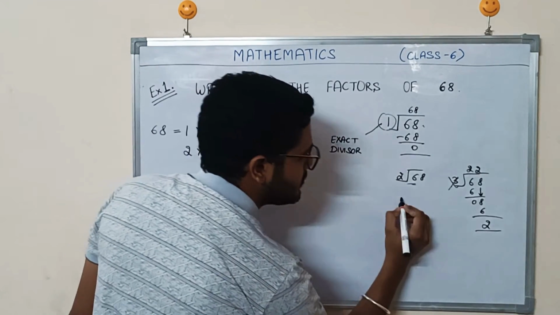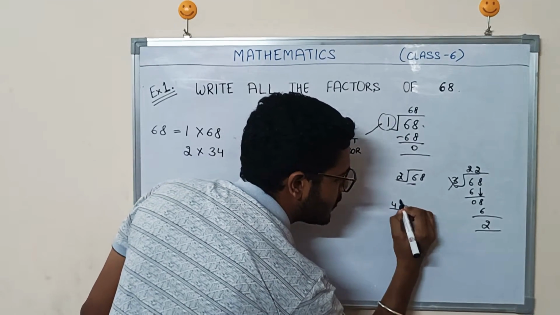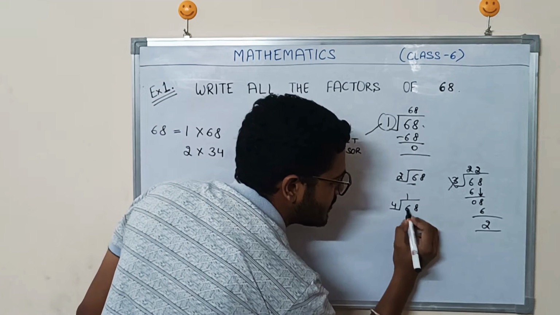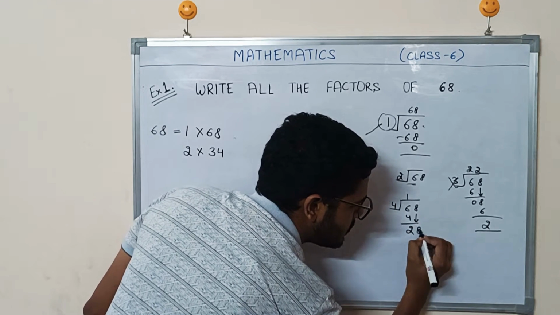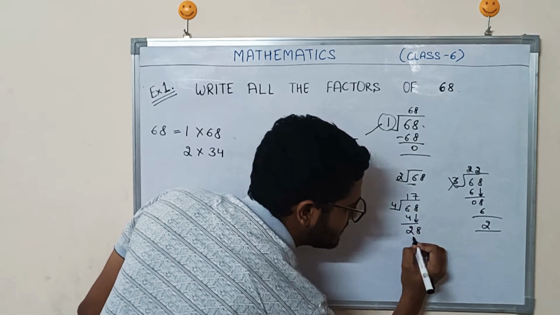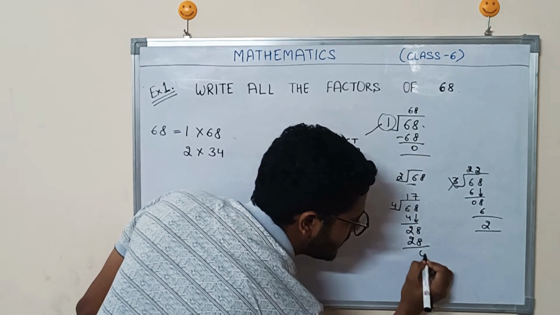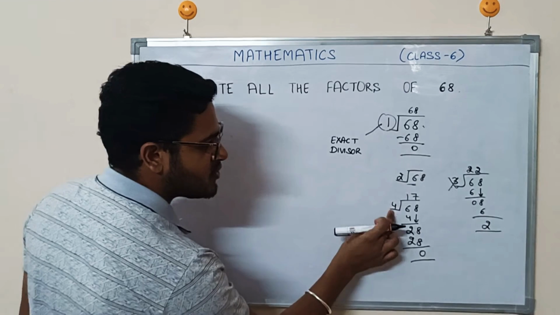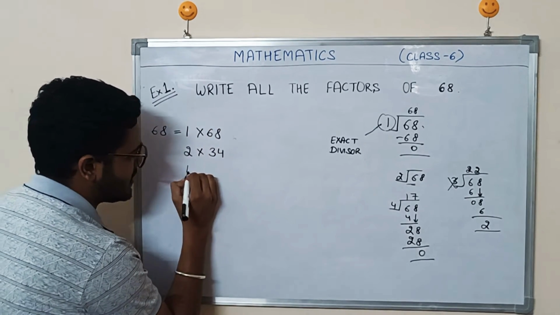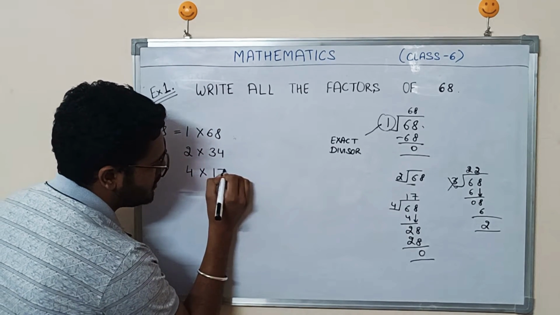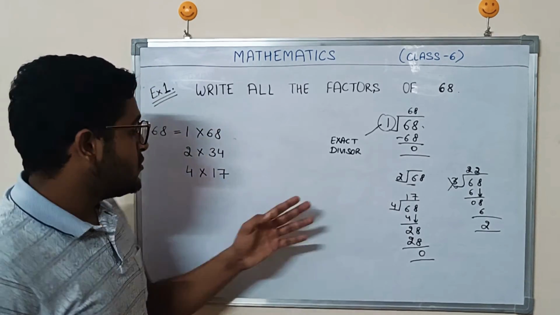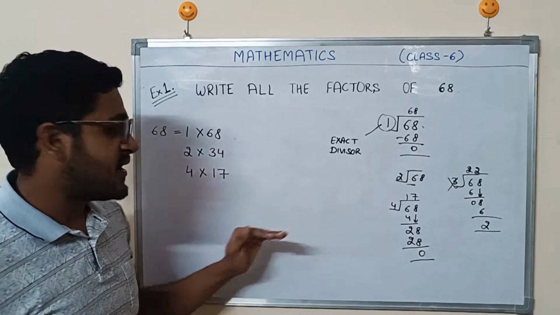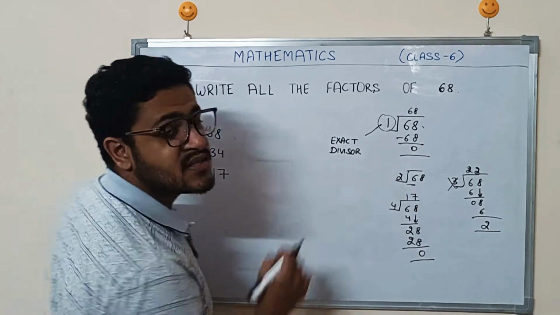So let's try with 4 now. 68 divided by 4. 4 ones are 4, then 28. 4 sevens are 28. The remainder is 0, which means 4 into 17 is also a factor. Similarly, you can go with 5, 6, 7, 8, 9, 10, 11, 12 up to 68.